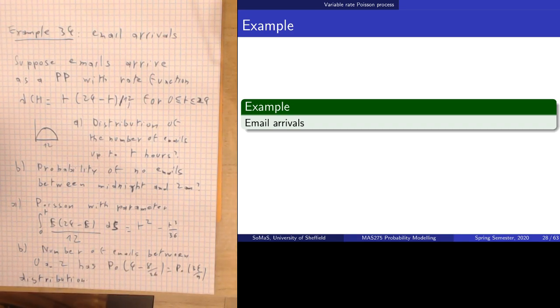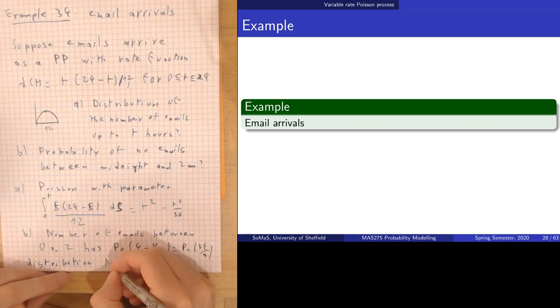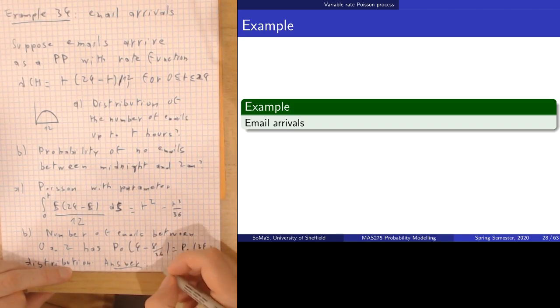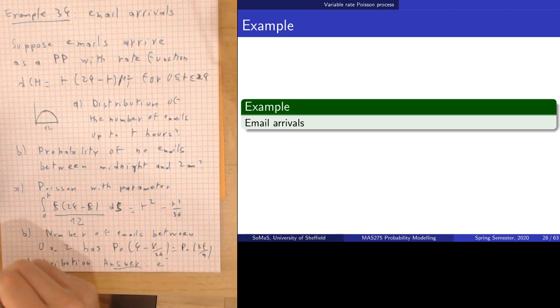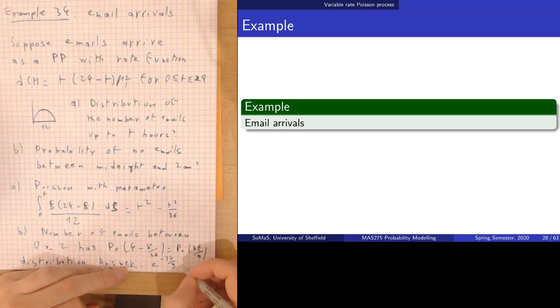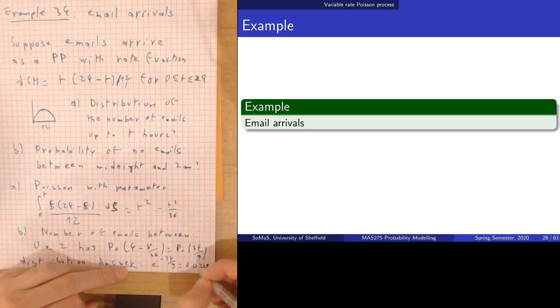And so the answer is exponential of minus that. E to the minus 34/9. And if you care, it's about 0.0229 dot dot dot.